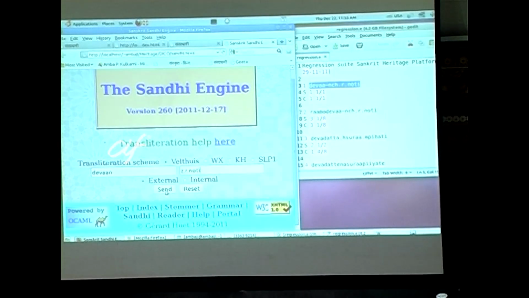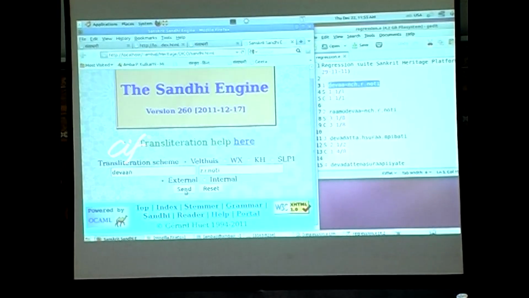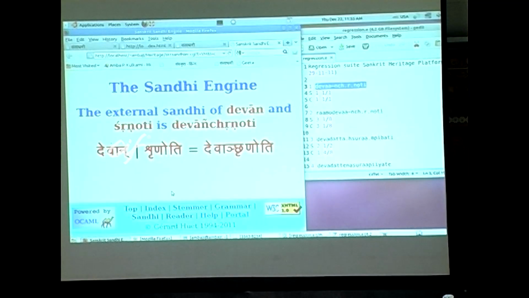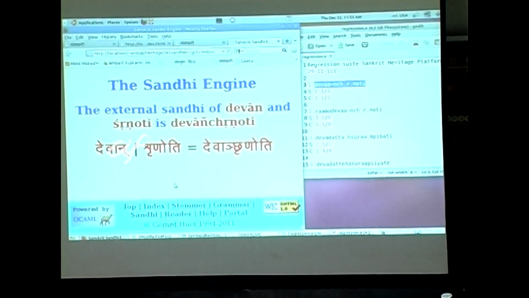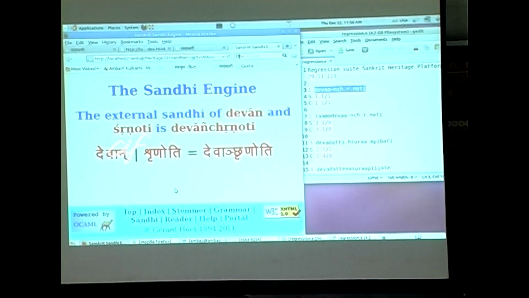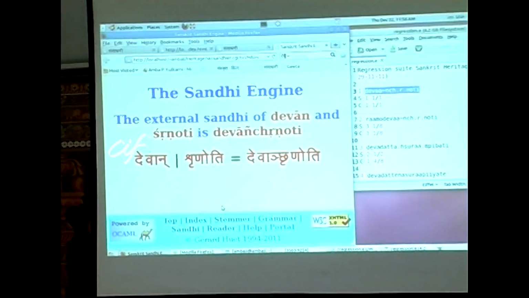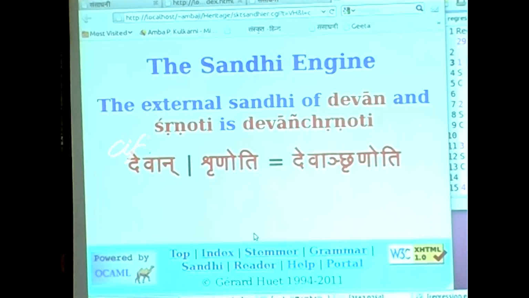And now this is supposed to show... this one works. Good. Sometimes it works. So you see it explains that the external sandhi of Devan and Srimati is Devan Srimati.